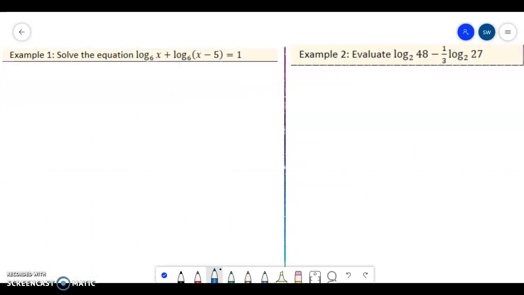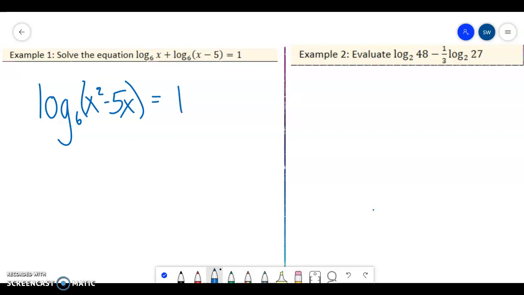So first one, we're just solving a log equation. We have log 6 of x plus log 6 of x minus 5 equals 1. So log rule number 1, we are allowed to put those 2 logs together as a product. So x squared minus 5x, all in the same log, equals 1.